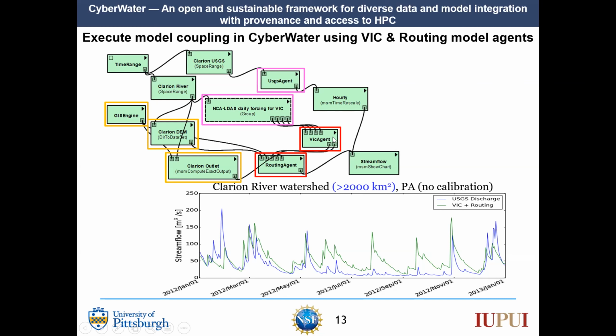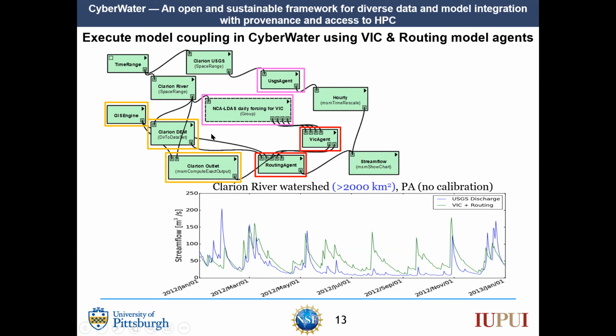So here is your VIC model integrated using the VIC model agent. And here is your routing model integrated into CyberWater using the routing model agent. And then you couple them together to form your workflow. The routing model requires information such as the DEM data and information of the stream flow network and the flow path network and so on.